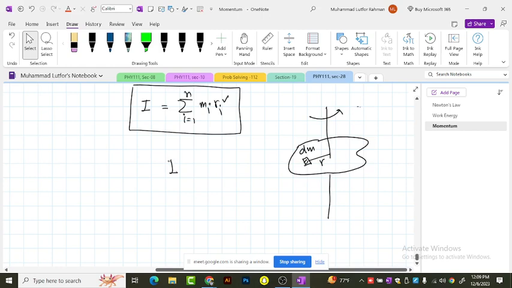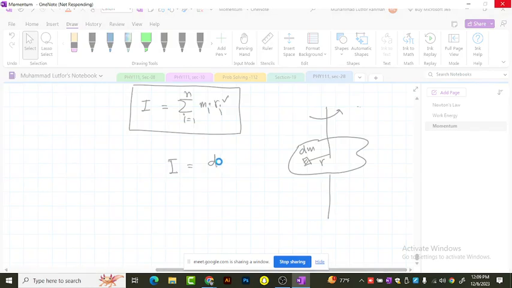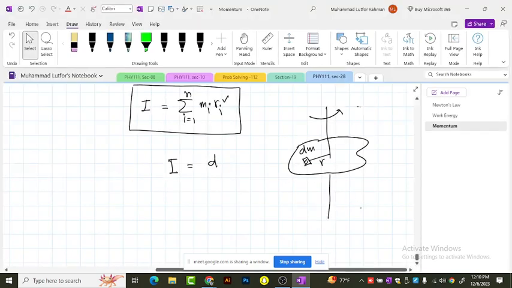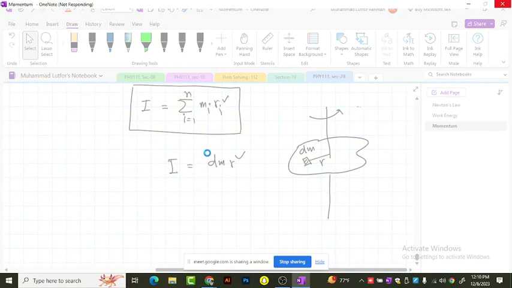So I will write this simply as dm times r square. But if I want to find out for the whole mass distribution, in that case I am going to simply integrate this part.